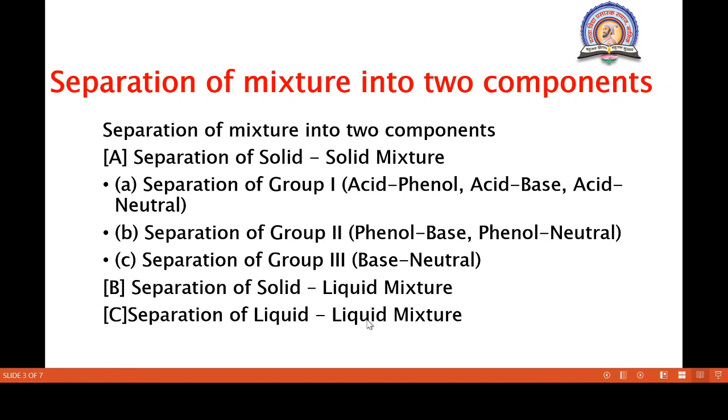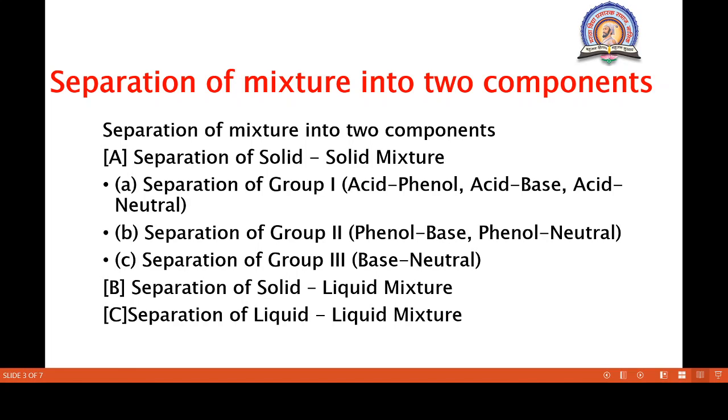So student, you have to remember that if the solid solid mixture is there, we first determine the type and then we do the separation. And if our compound nature is solid liquid or liquid liquid, at that time our first step is separation and the second step is type determination.